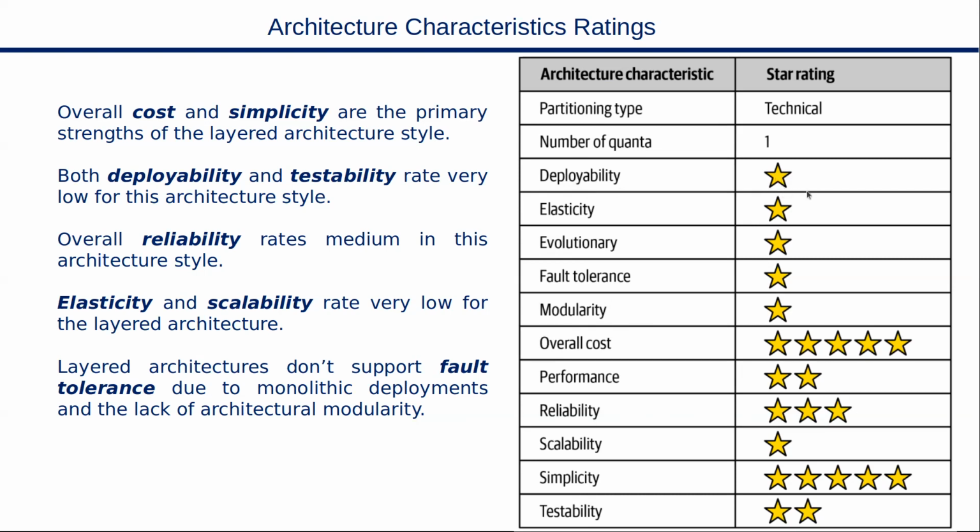What do 1 star and 5 stars mean? 1 star, as I suppose you guess, is low. So you shouldn't choose this architecture style or pattern if deployability is important, because it has just 1 star. It means quite a low rating, not a good choice.